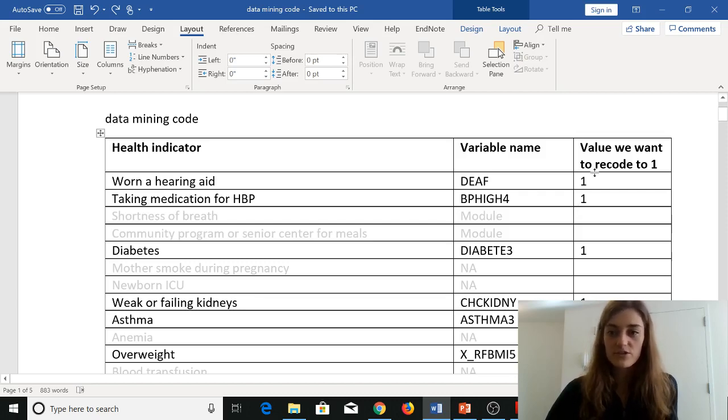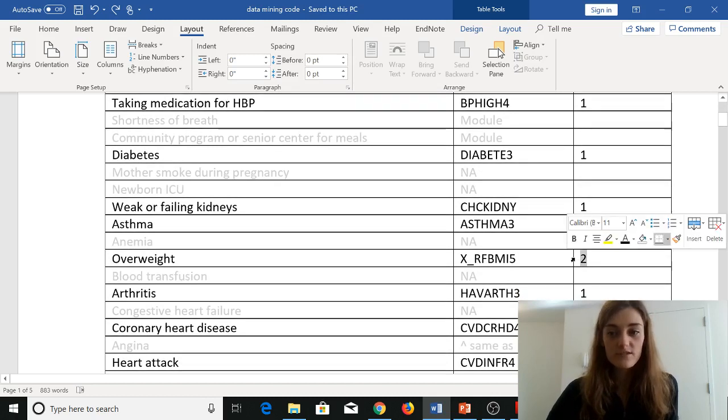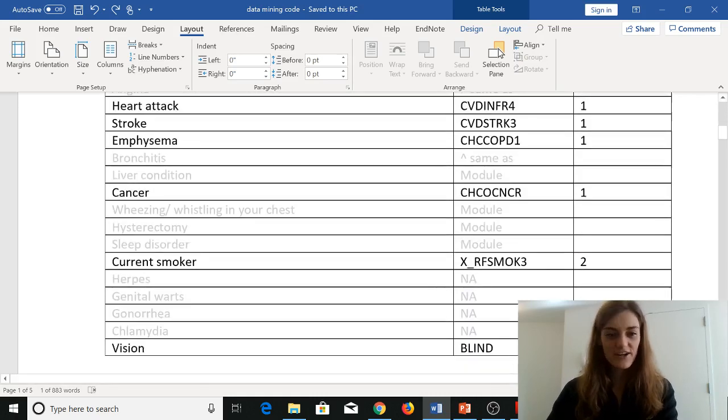Yes, I have high blood pressure. 1, 1. Yes, I have diabetes. 1. Yes, I'm overweight or obese. We want to recode 2 to 1. All right, and then every other response we recode to 0. So if you're confused about what I'm talking about, go ahead and rewatch the prevalence estimate videos, because we're basically doing the same process here. So those are our health variables.